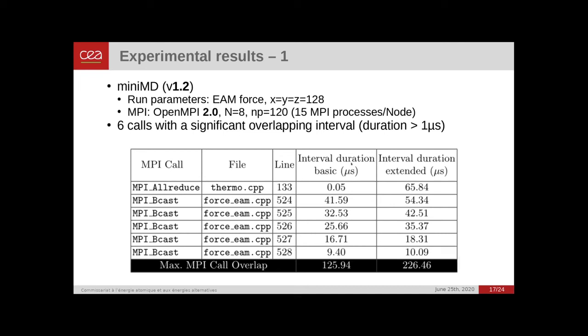And instead, our extended method, so when applying the code motion to the dependencies as well, we succeeded in exposing about 66 microseconds of overlapping potential. And when summing this value, we observe that the overlapping potential of those codes has nearly doubled.